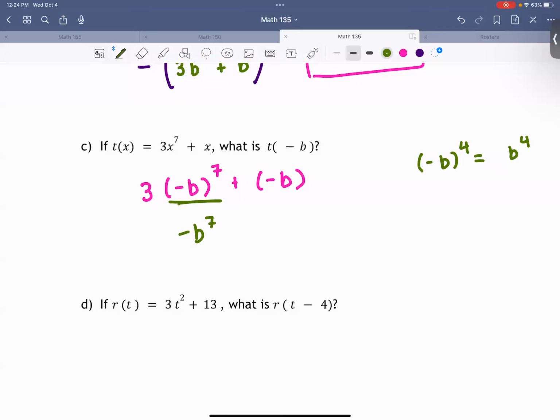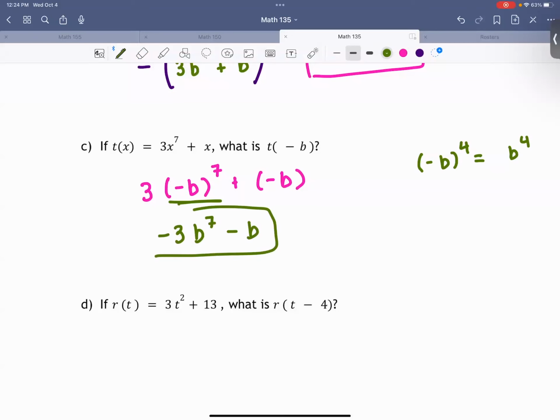So if the 7 is odd, then we keep the negative. If we have an even number like 4, then we take away the negative. So I can expand this out. This would be minus 3b to the 7th power. Now, plus and minus b is just minus b. Okay, any questions on part C?